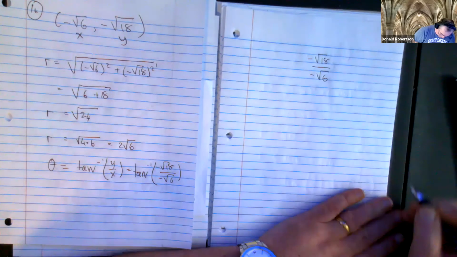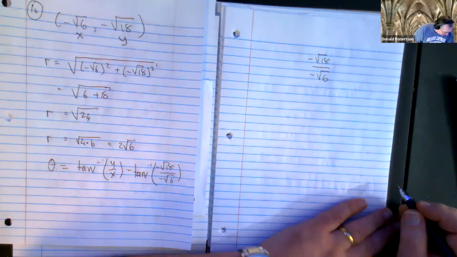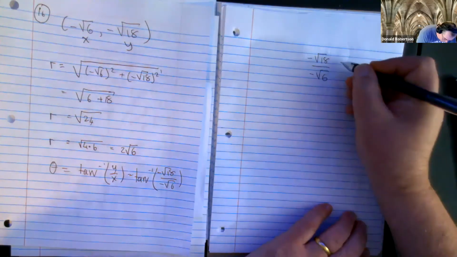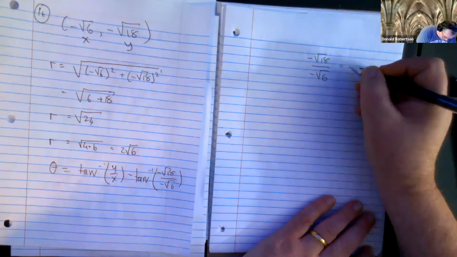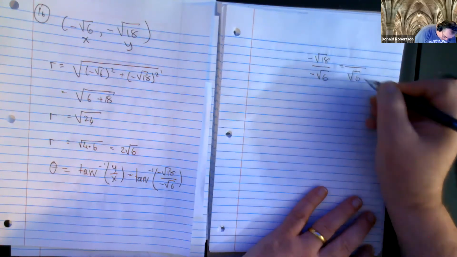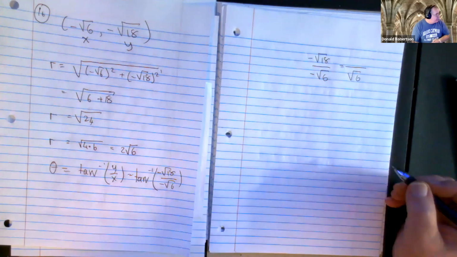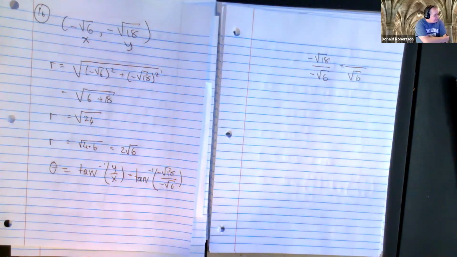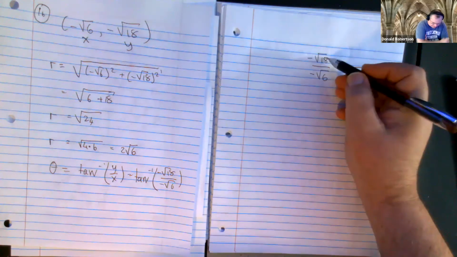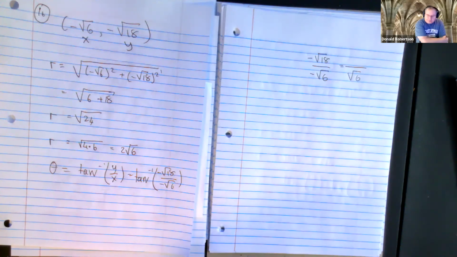The way that's written, I'm going to have a lot of problems finding an angle in the unit circle that matches that. So two negatives cancel out. Is there any way that you could rewrite this fella? Any simple way of root 18?